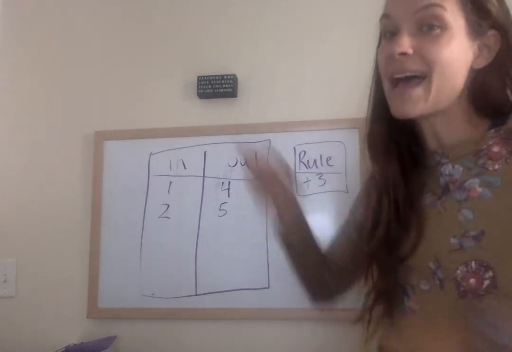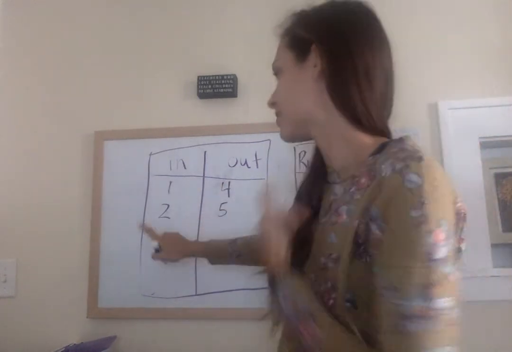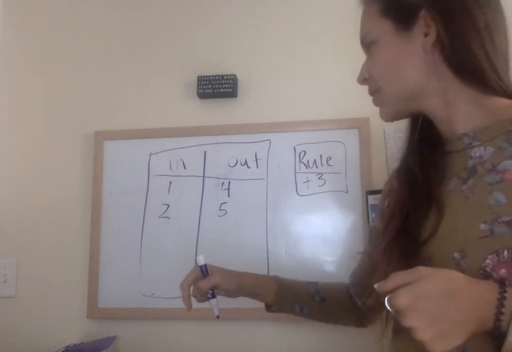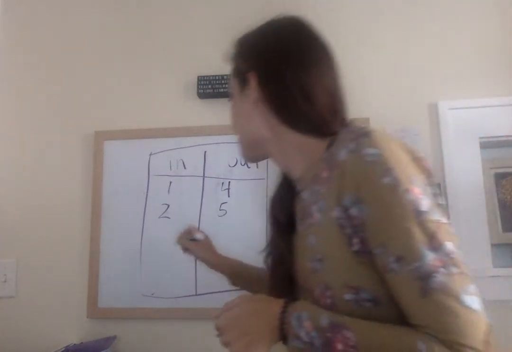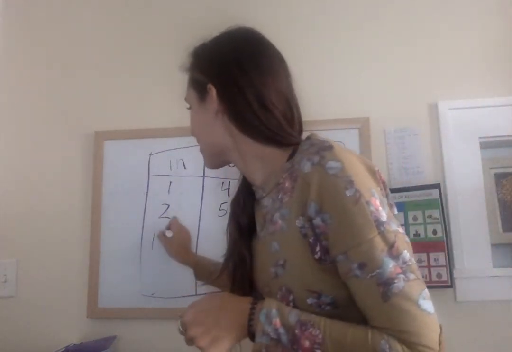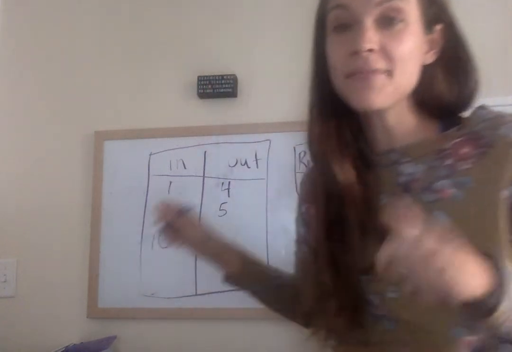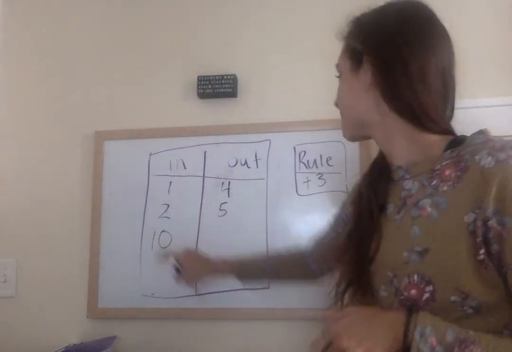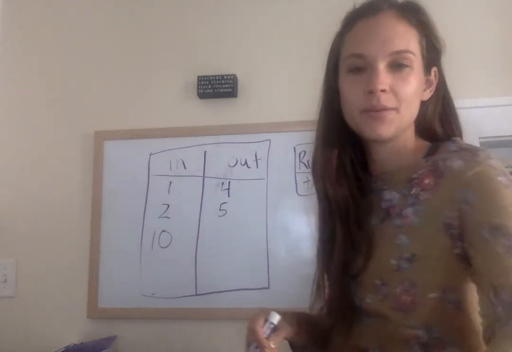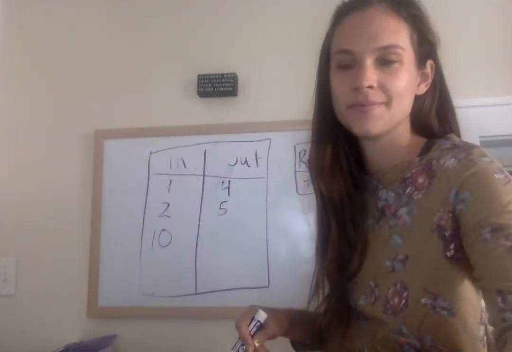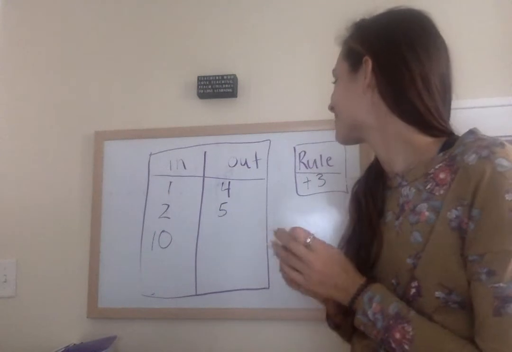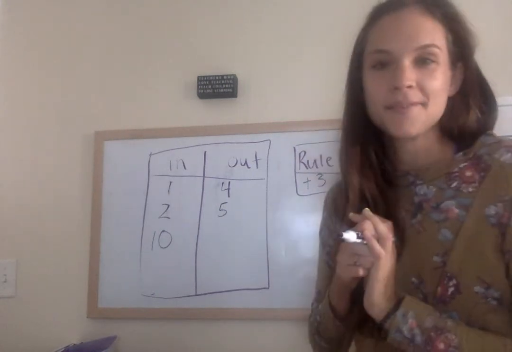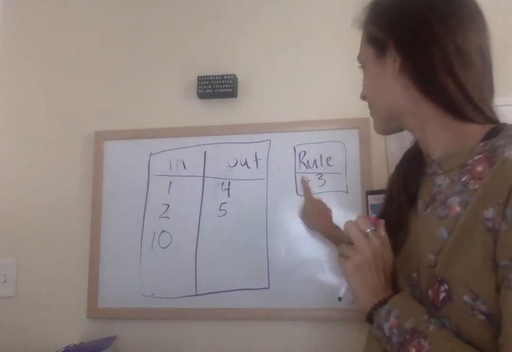All right, now we are going to put another number in here. Let's put in the number 10 to the input. So we have 10. What do we need to do to the number 10? Think about the rule.